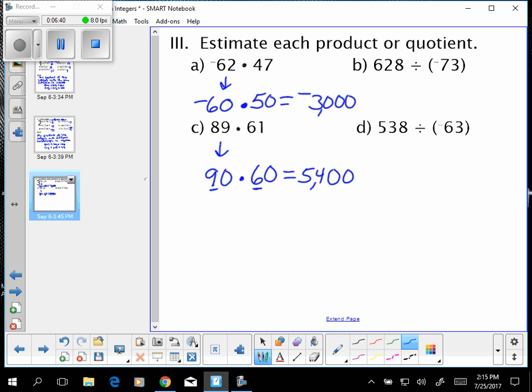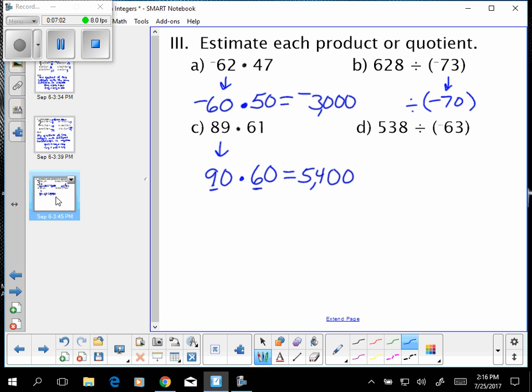If you recall, when we estimate with division, we always start with the divisor. Negative 73 is going to be negative 70. Now, we have to think about multiples of 70 that are going to be close to the 628.